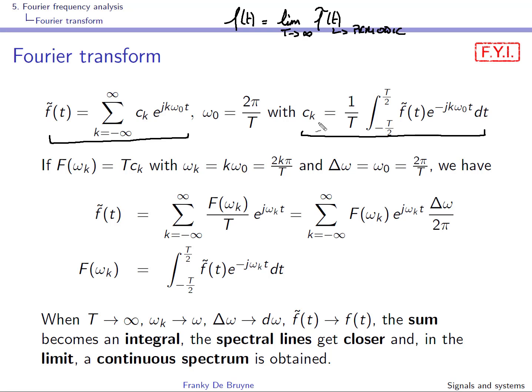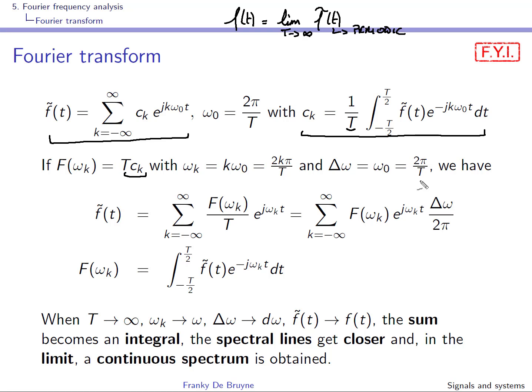Okay, so this is nothing new, and what we'll define is this F over here, and this will be the future Fourier transform, and it is T times the Fourier coefficient to get rid of the 1 over T over here. Omega k will be all the frequencies, the harmonics, and delta omega is the fundamental frequency.